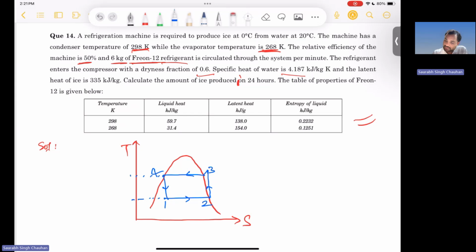Okay, condenser temperature, so 298. So this is also given. 298 Kelvin and 268 Kelvin. Fine. We need to find the other values. So this is HF, this is HFG, and this is SF. Okay.